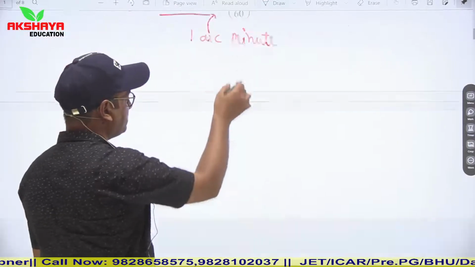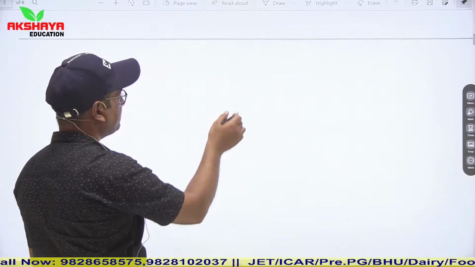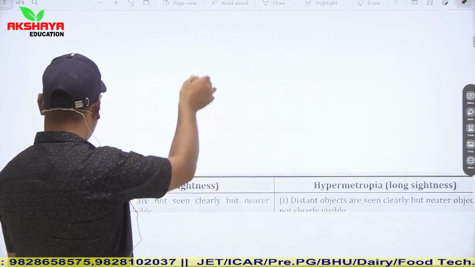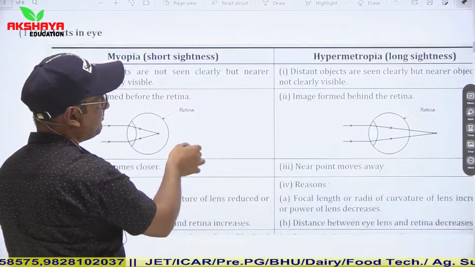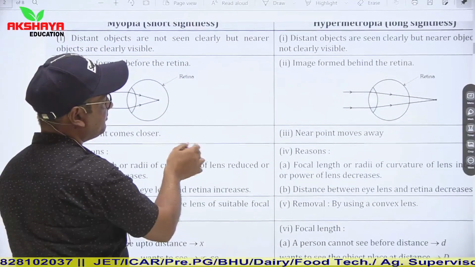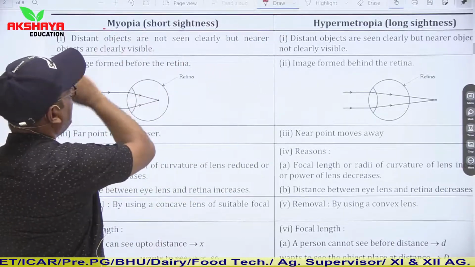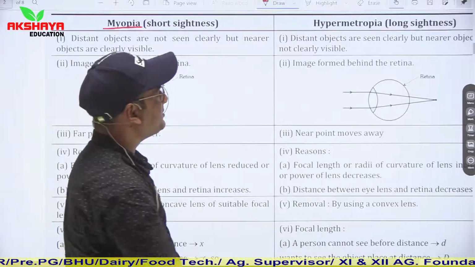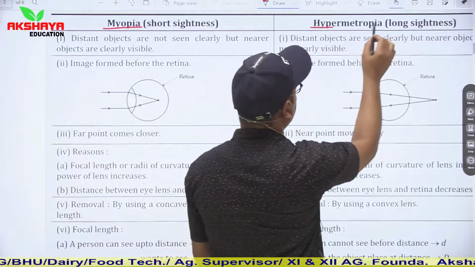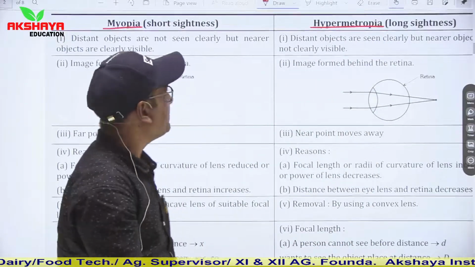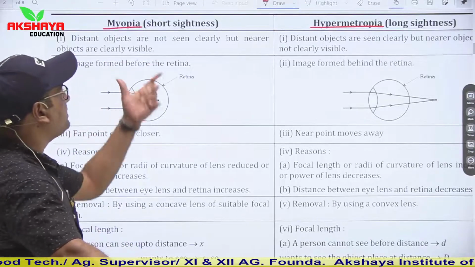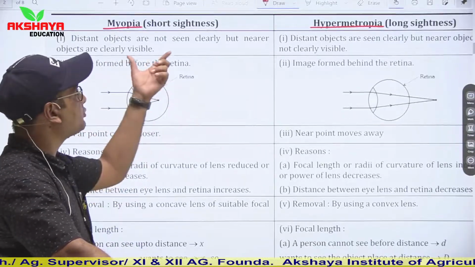Now let us talk about eye diseases, defects in eye. Here I have taken a comparison between myopia and hypermetropia. Myopia is simply known as short-sightedness.